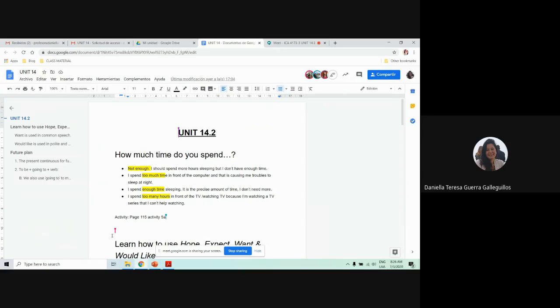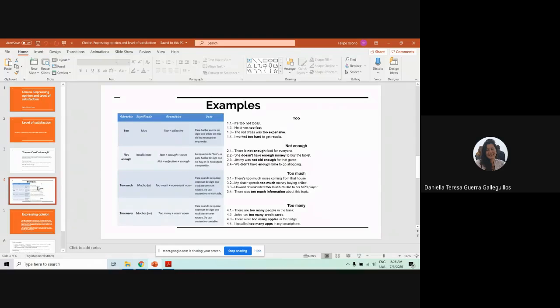Not enough means not sufficient. Then I wrote, I spend too much time in front of the computer, and that is causing me troubles to sleep at night. So, too much time, because as we saw last class in our PowerPoint, we use too much with nouns that are uncountable, right? And time is something that is uncountable. We can count the minutes, we can count the hours, but not the time.